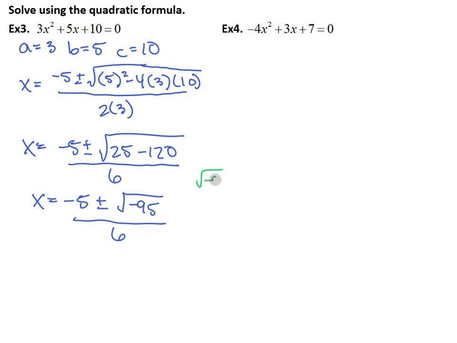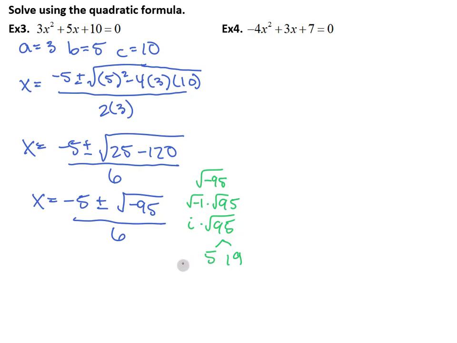So negative 95 will give me the square root of negative 1 times 95, right, which is i times the square root of 95. And then we want to try to simplify the square root of 95. Well, 5 definitely goes in there. It goes into 9 once with 4 left over, and it goes into 45 9 times. So 5 and 19, those are both prime, and there's no pairs.